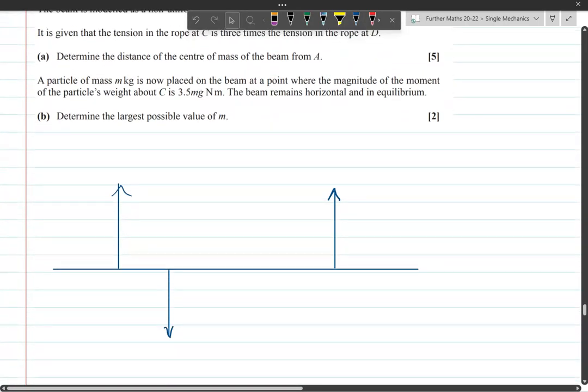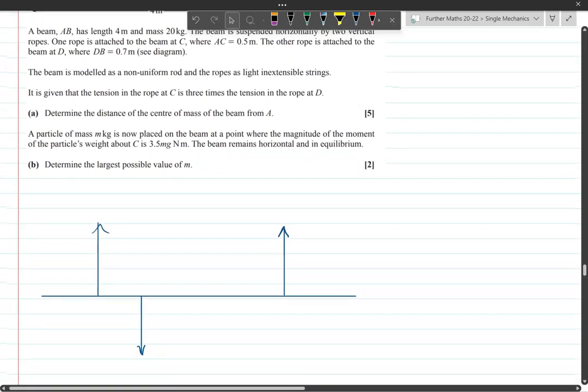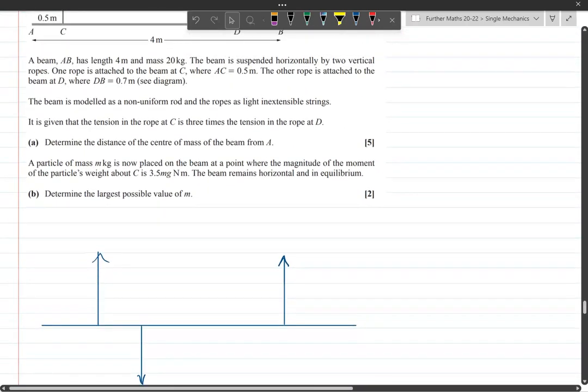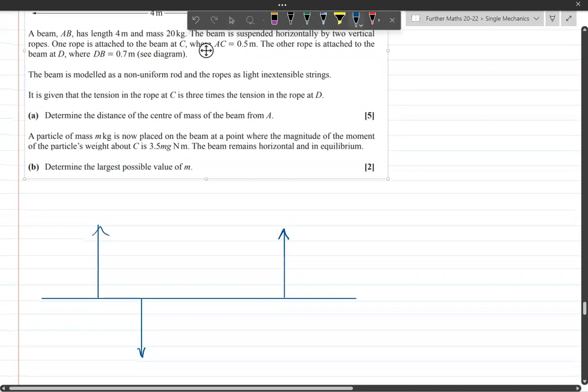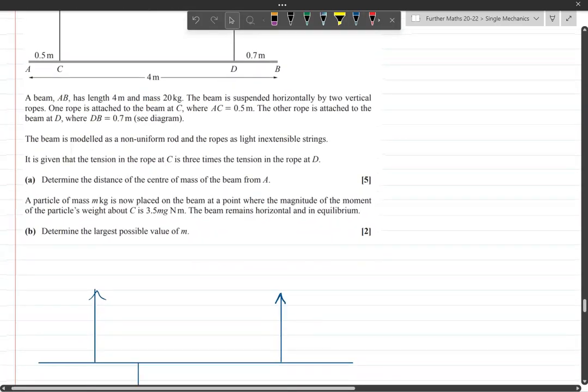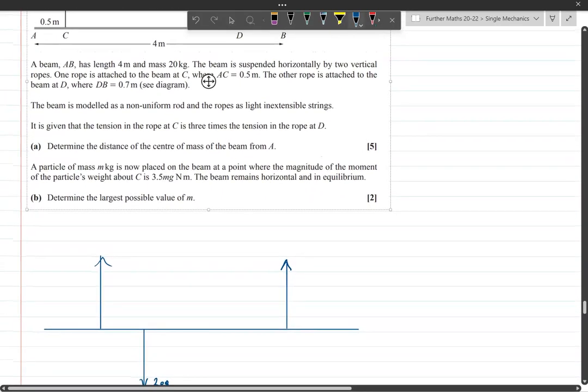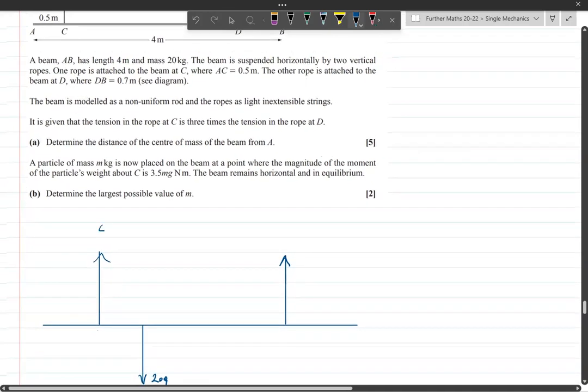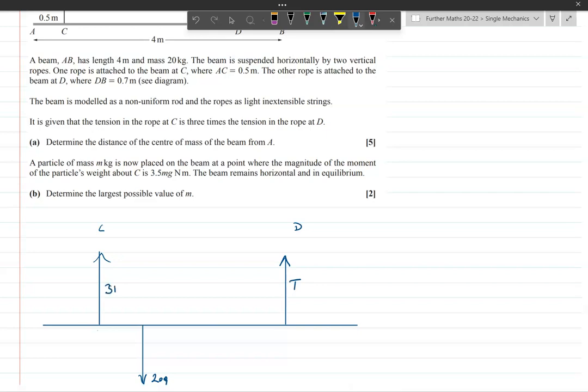So I've got a little diagram here. We've got the weight of the thing being 20g. And we're told the tension at C is 3 times the tension at D. So if I call the tension at D T, then it's 3T here.